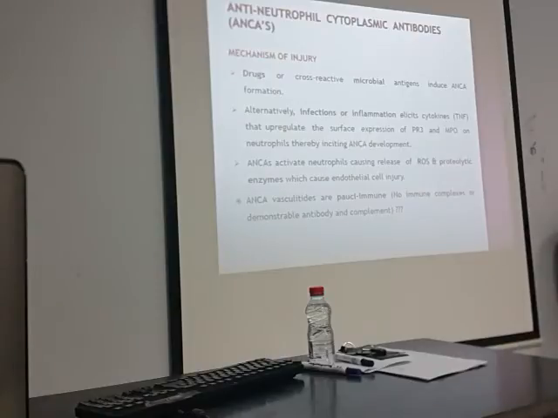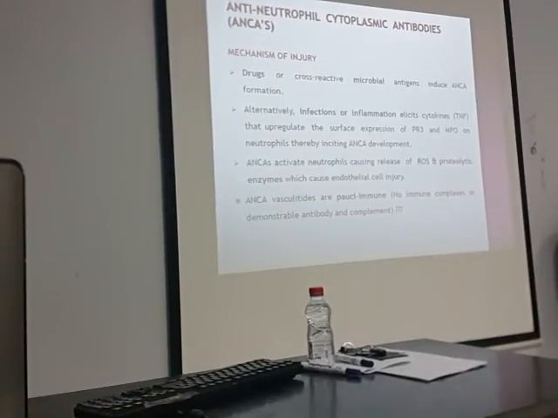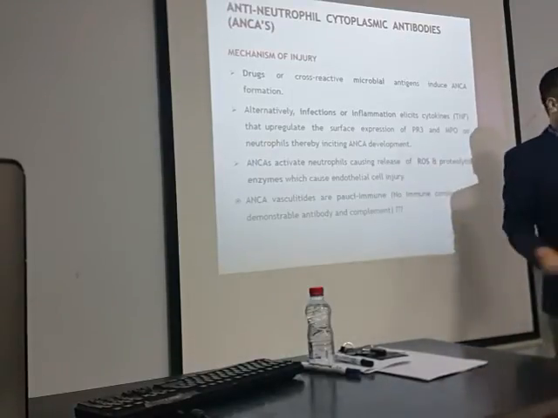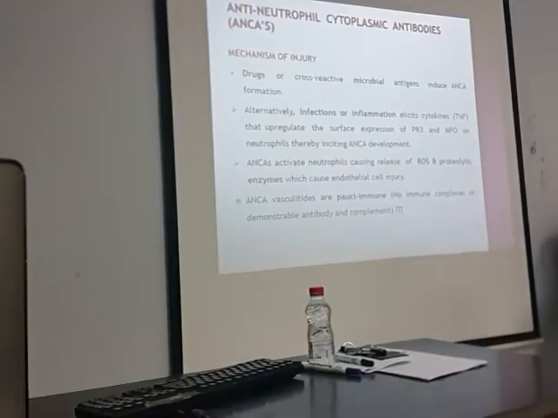They will secrete proteolytic enzymes. And what will these enzymes, proteinases or ROS do? They can attack the vessels. Attacking the neutrophils means activating them. Yes. You got it. Attacking means activating.